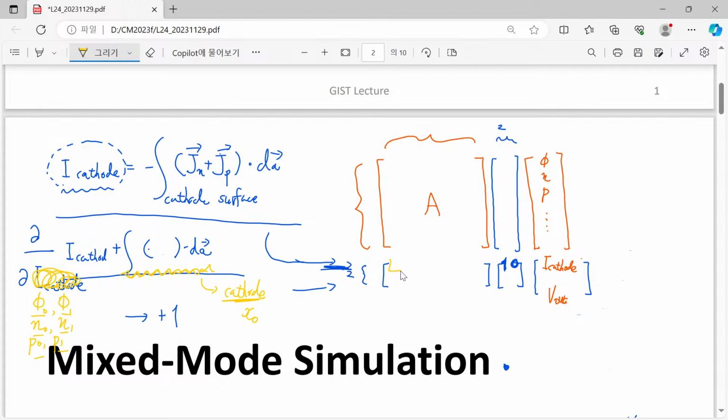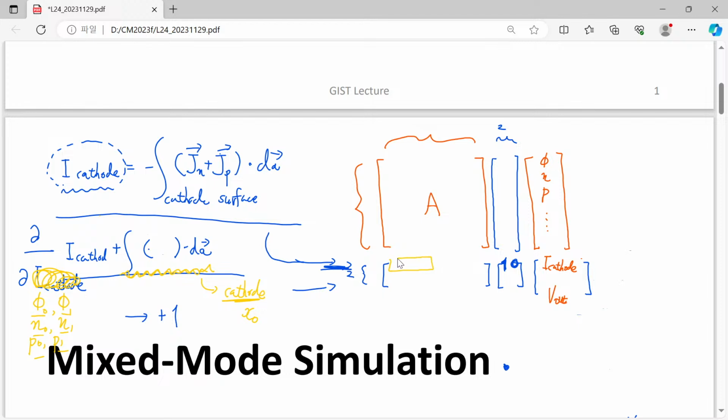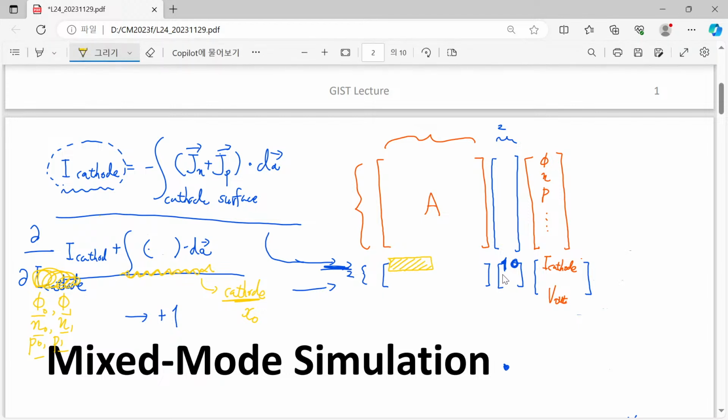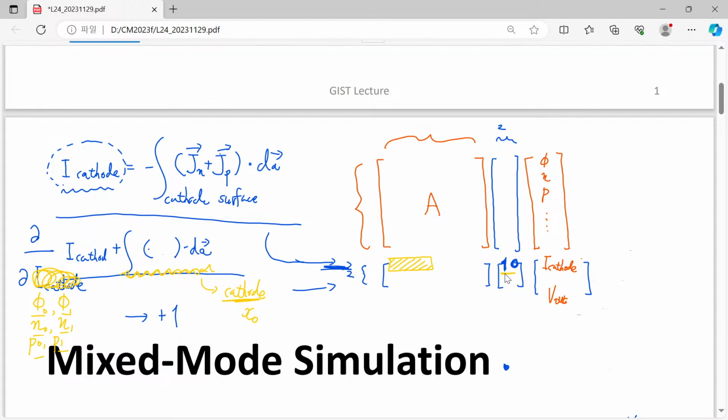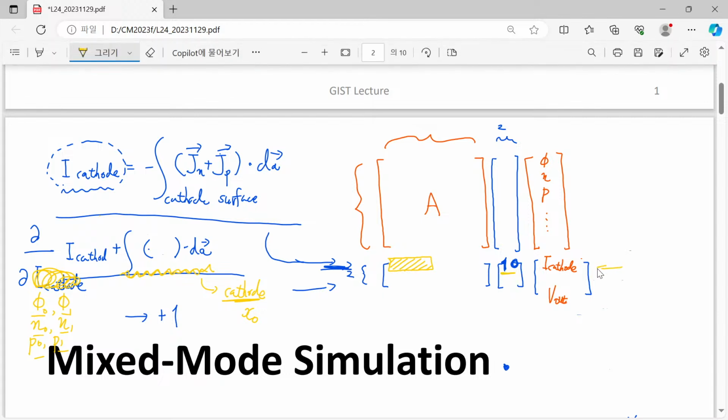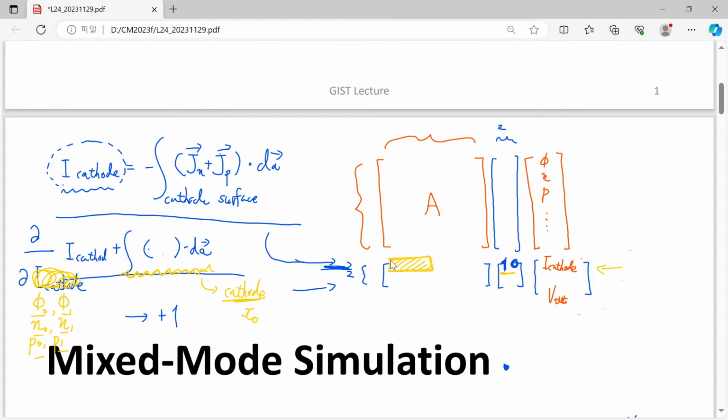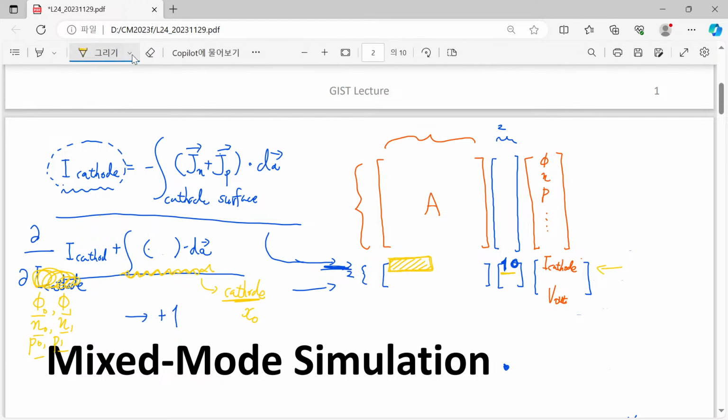So when you have the new Jacobian matrix, we can visualize the newly added component this way. Here we have the entry corresponding to the cathode current, and this line specifies that our cathode current is a function of internal physical quantities. That is the one we need for this second-to-last line. Then how about the last line? The last line is about V out.